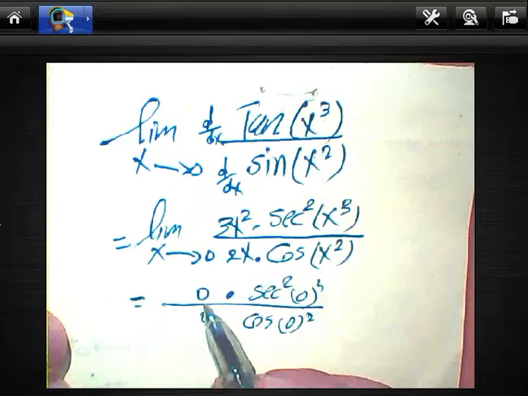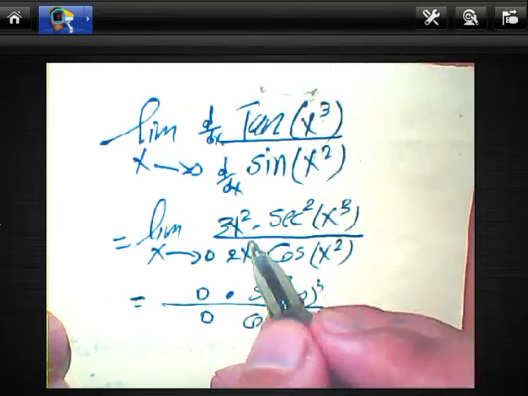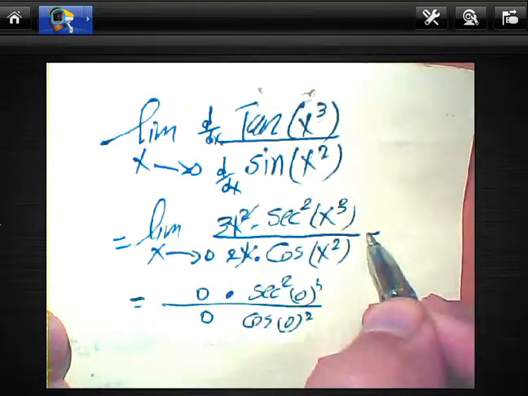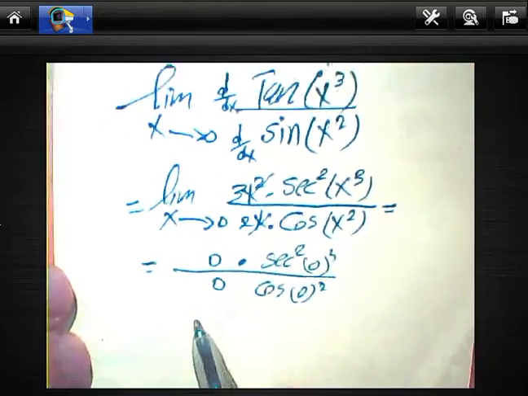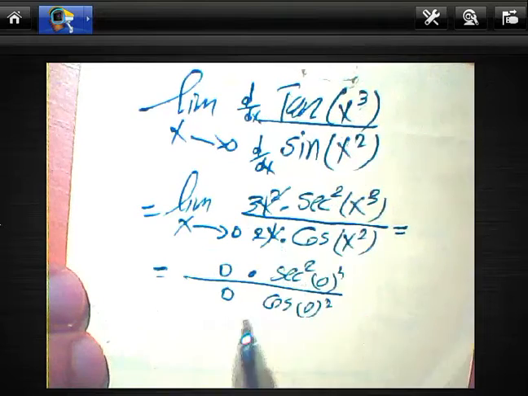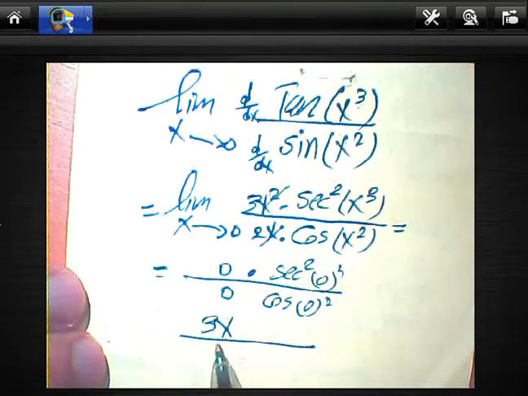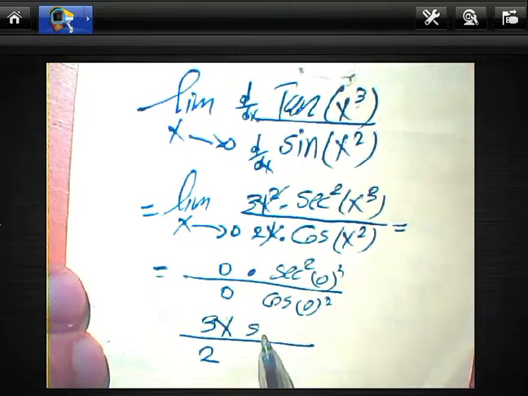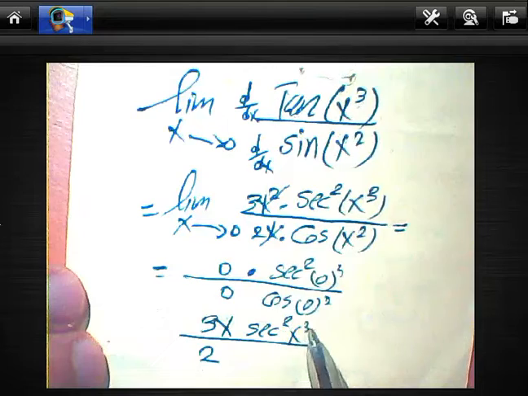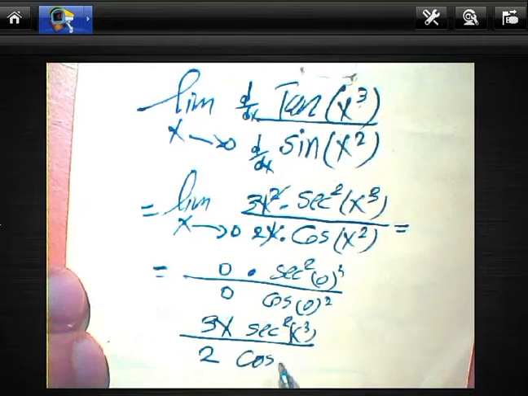First we find 0 over 0, undefined, so we must simplify it. We can simplify x squared over x. The result will be 3x over 2 times sec squared x cubed over cosine squared.